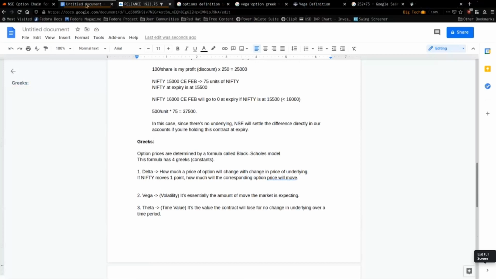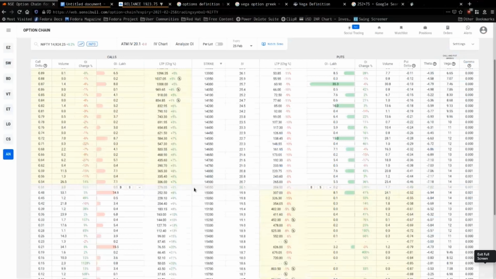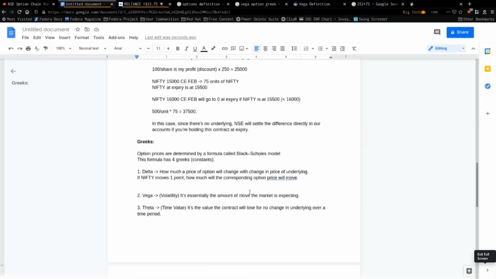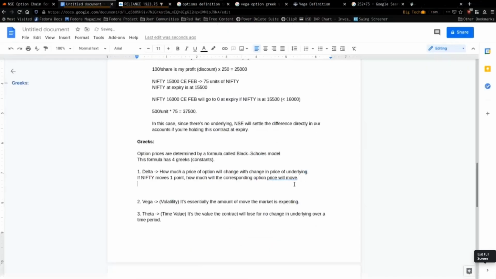So in this case our 15,000 option has a delta of 0.48. So if Nifty moves 1 point, 15,000 CE will move 0.48 points, since it has 0.48 delta.